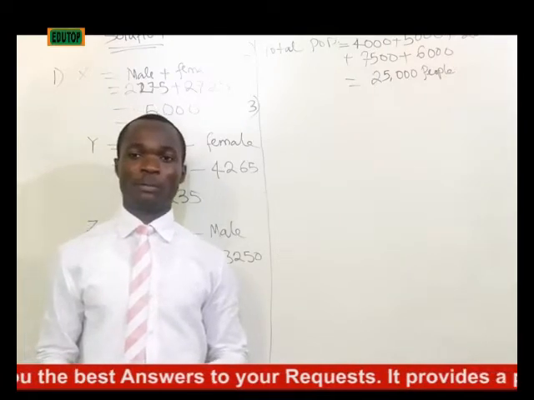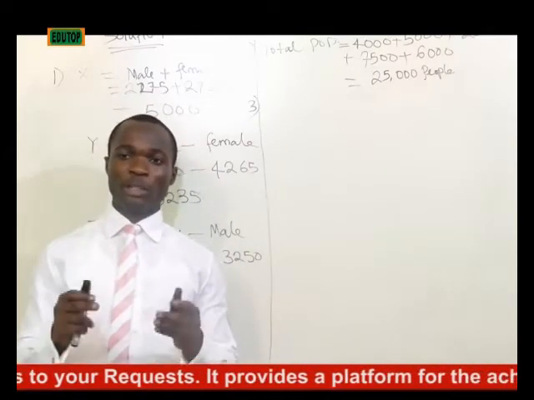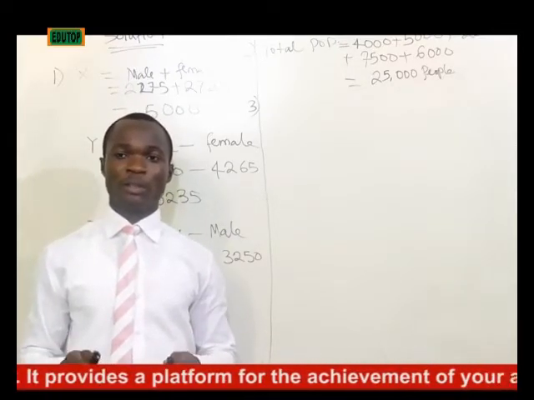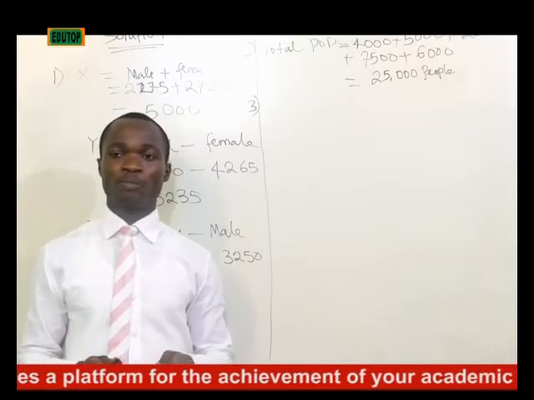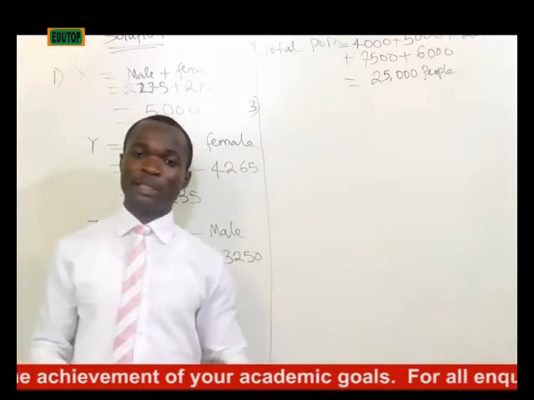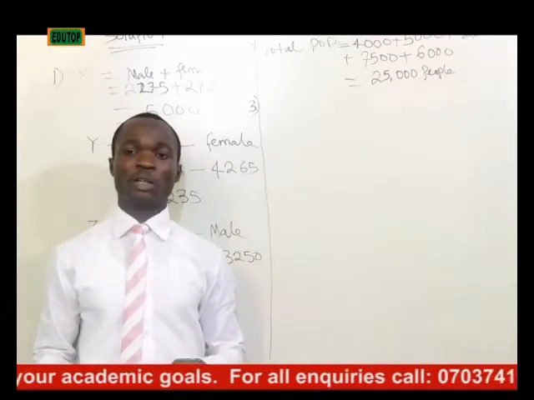So from the table, the female we have between 11 to 14 years is 2,725, and those that are 10 years and below are 2,650.